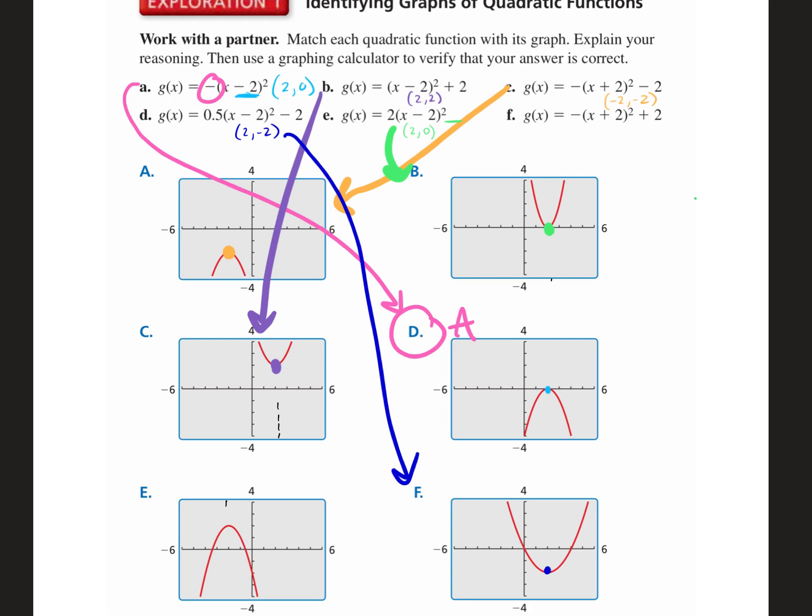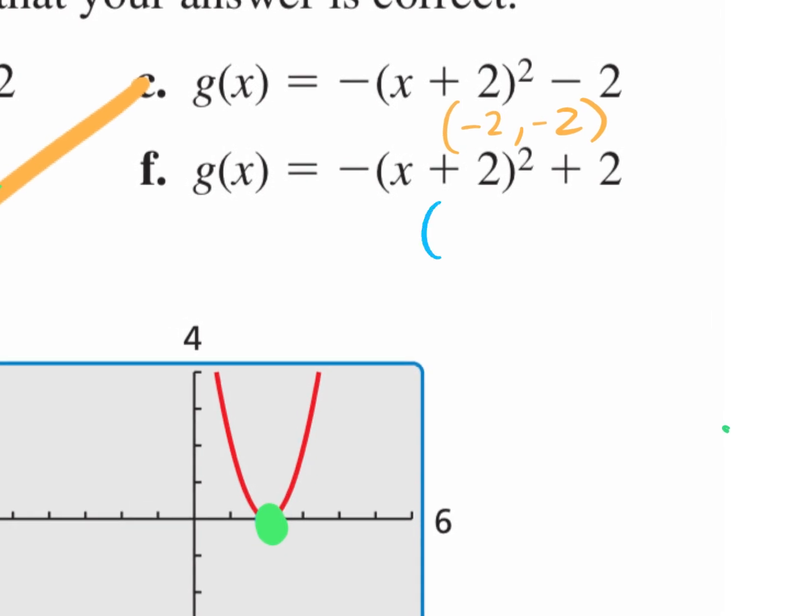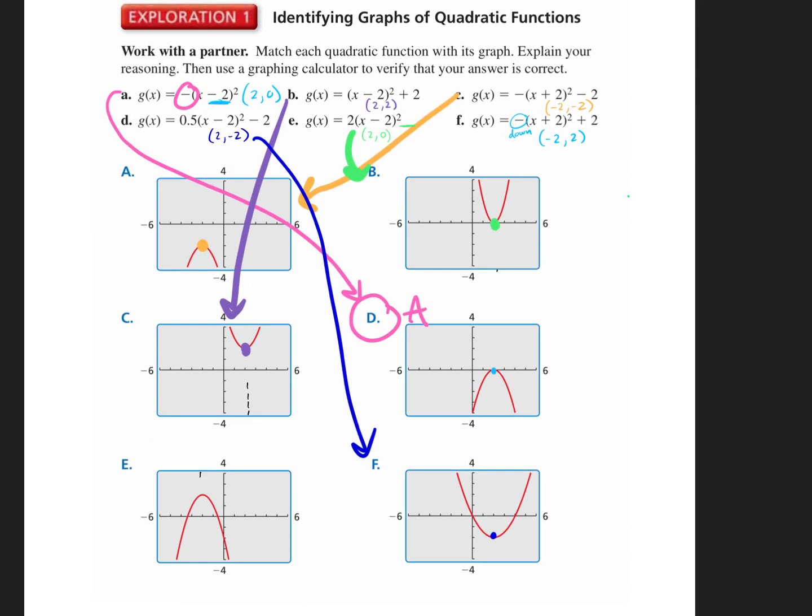But let's figure out what our vertex is anyway. My vertex would be (-2, 2), because we changed the sign of h, and we know it's going to open down. That matches perfectly with the last one we have left, which is E.